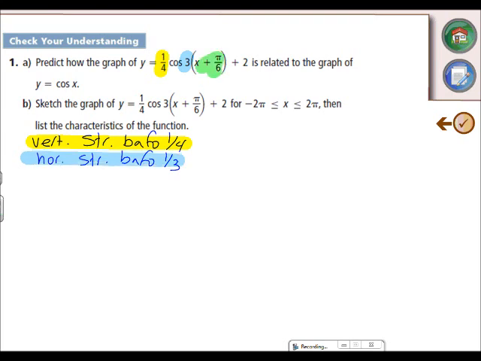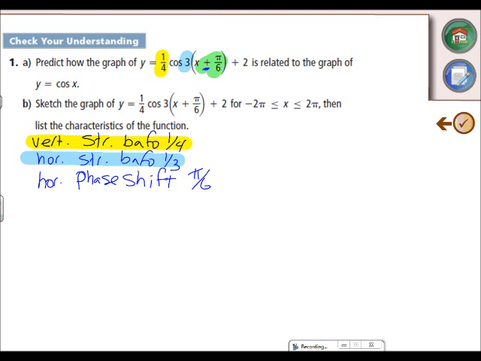And we come to the green. So this is now a horizontal phase shift or a horizontal translation. It's called a phase shift. Pi over 6 units or radians to the, because it's a positive, it should have a negative in there.